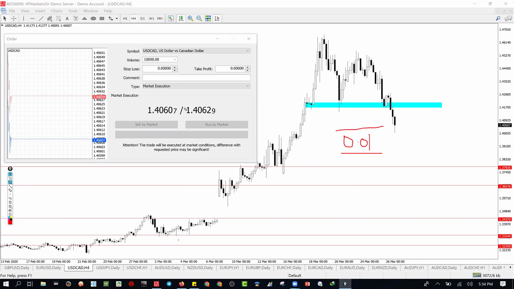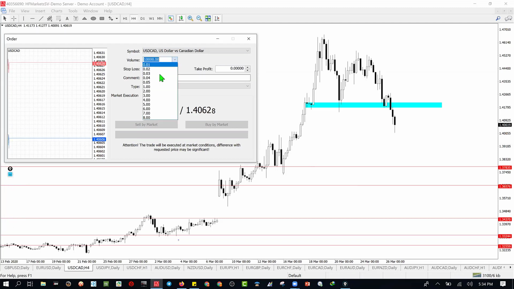And there are other options to take a bigger position than that, which is the 0.01: 0.02, 0.03, 0.04. All these figures actually mean a certain amount.